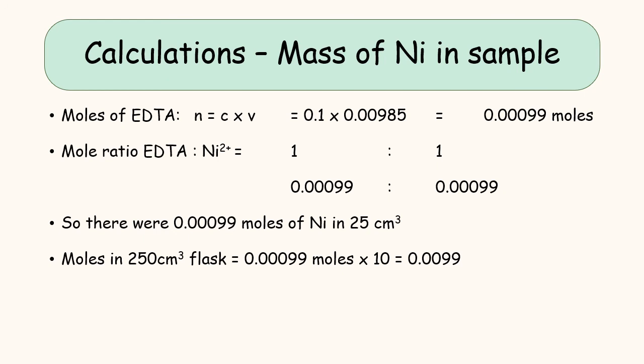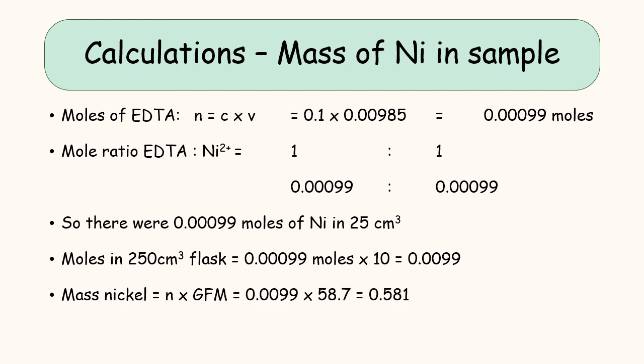So we multiply it by 10, which gets us 0.01 or 0.0099, depending on how much rounding you would like to do. So we know our moles in our nickel sample. We can then turn that into a mass using the gram formula mass. Nickel weighs 58.7 grams, that's its relative atomic mass. When we multiply, we get 0.581 grams of nickel in our sample.